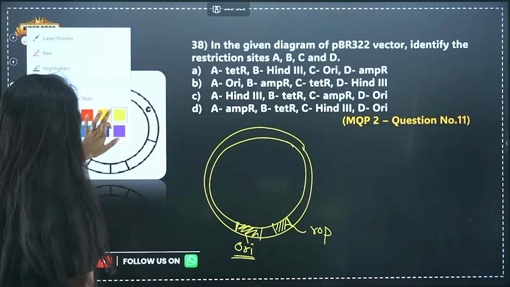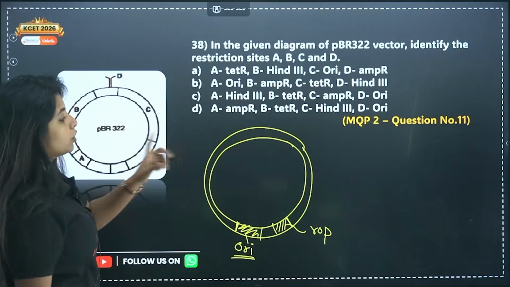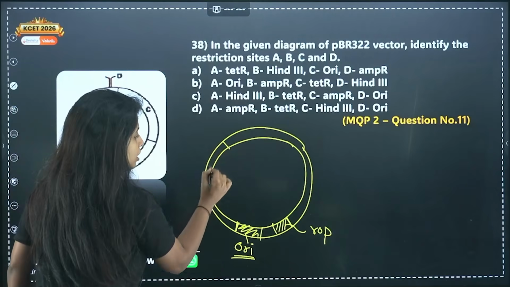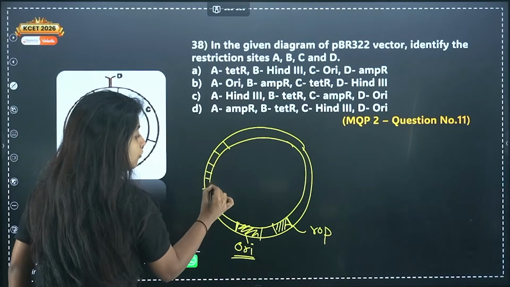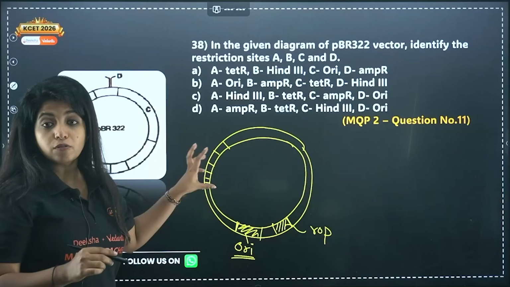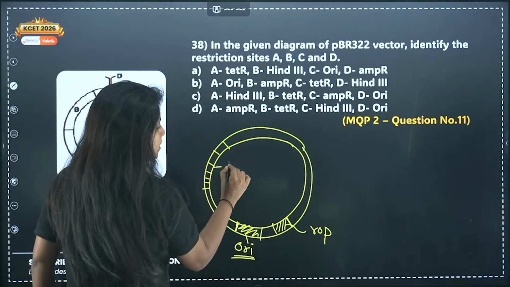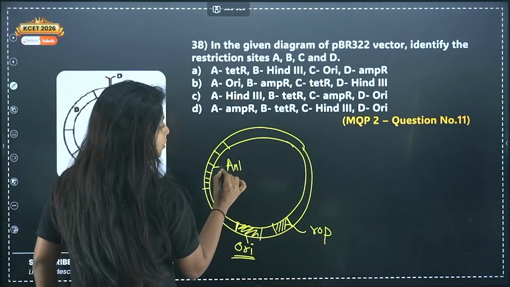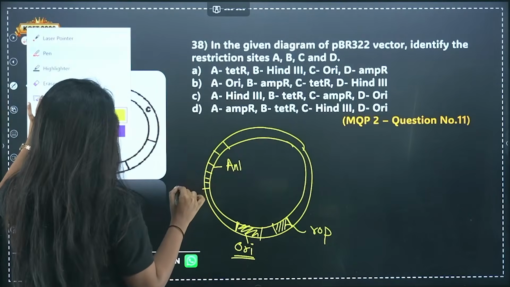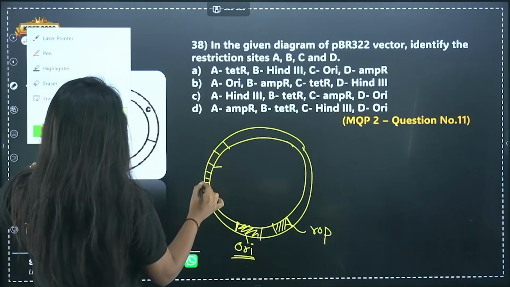Now my dear children, this particular pBR322 has a gene. If this gene is able to express itself, what will happen? It will provide antibiotic resistance. Which antibiotic resistance, ma'am? It will provide ampicillin resistance.